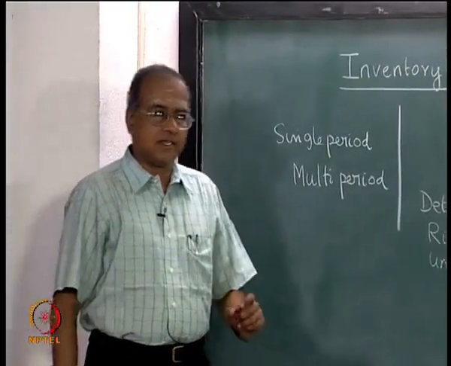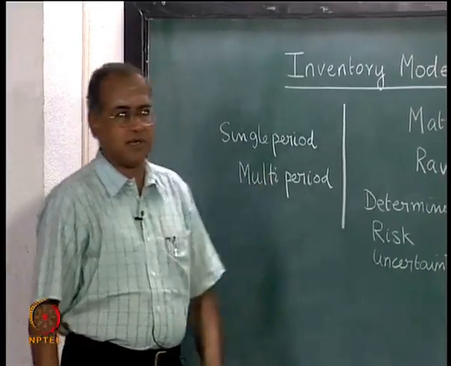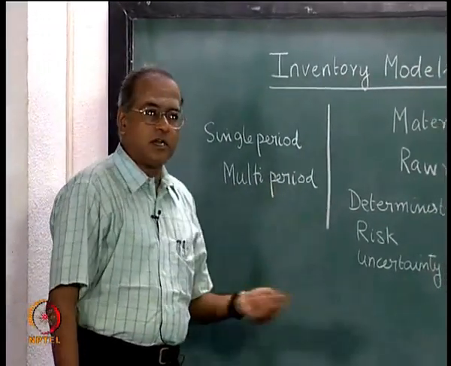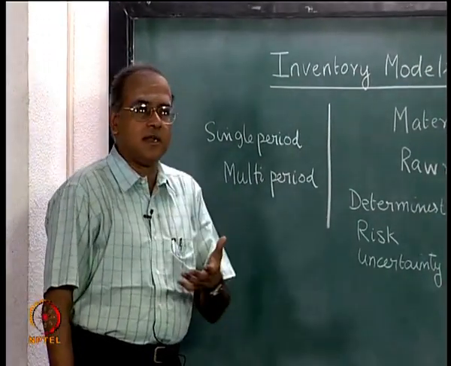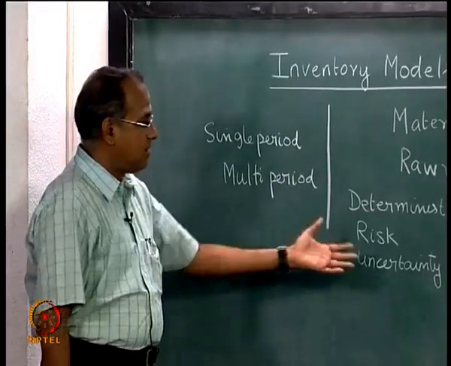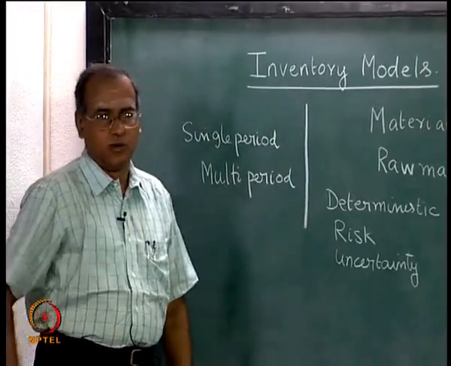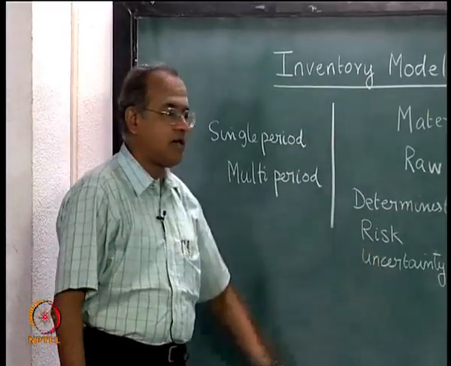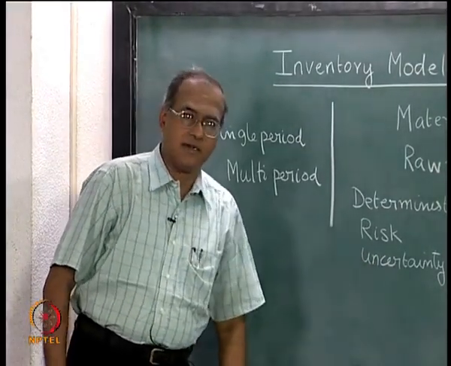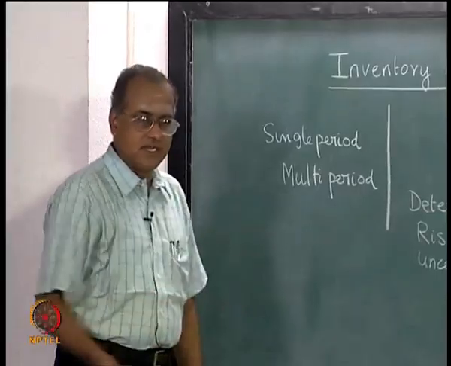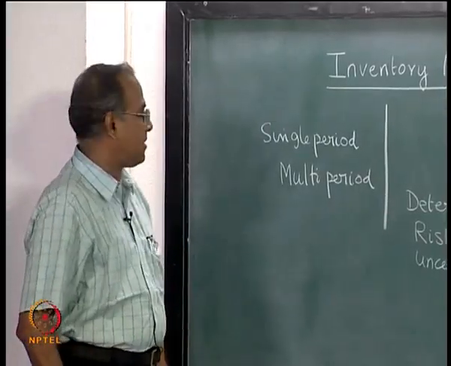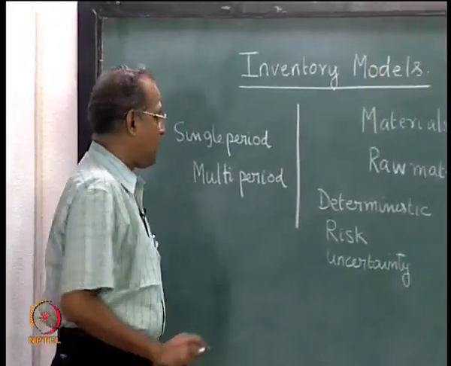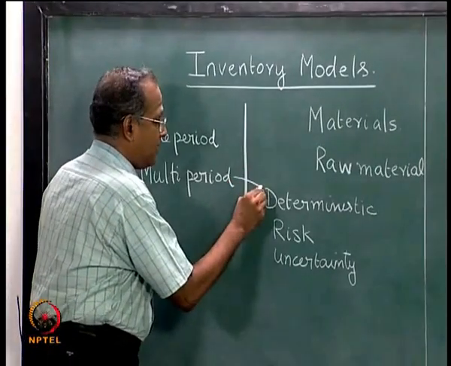Uncertainty, it is assumed that the demand is not deterministic, the distribution of demand is not known, but certain important parameters such as mean and variance of the demand are known, then it is said to be inventory models under uncertainty.